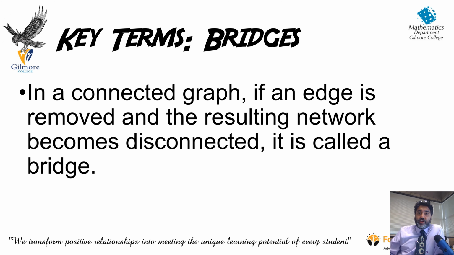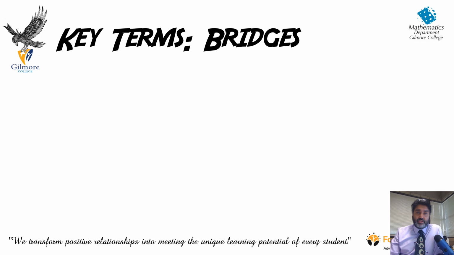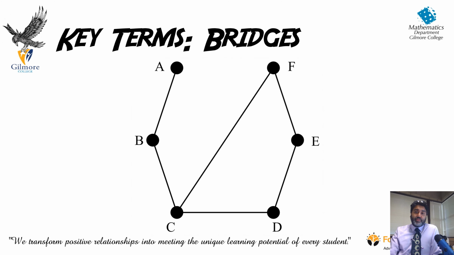In a connected graph, if an edge is removed and the resulting network becomes disconnected, it is called a bridge. You're probably wondering what's he talking about. So this is something very similar from your textbook. So I've got A, B, C, D, E, and F there.